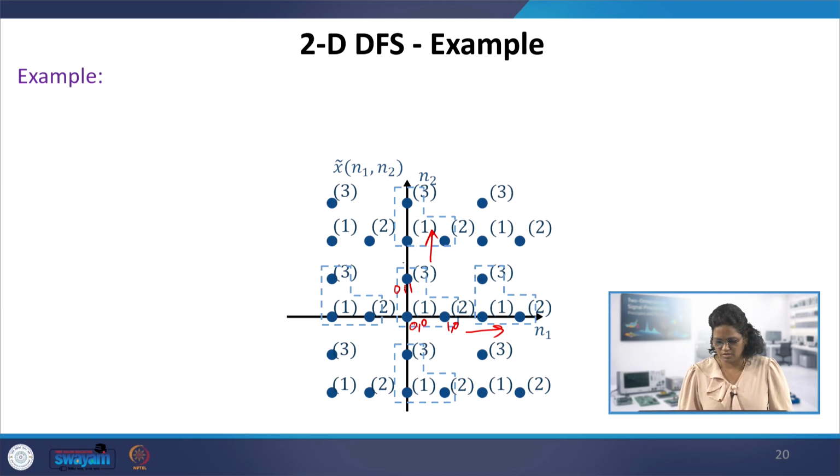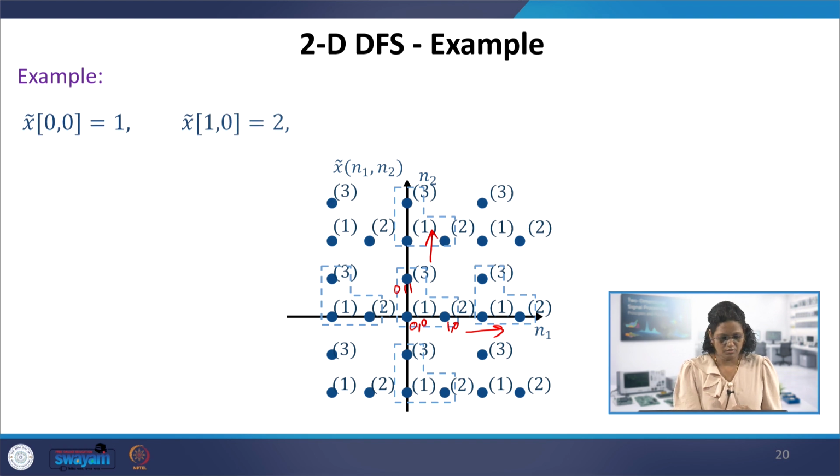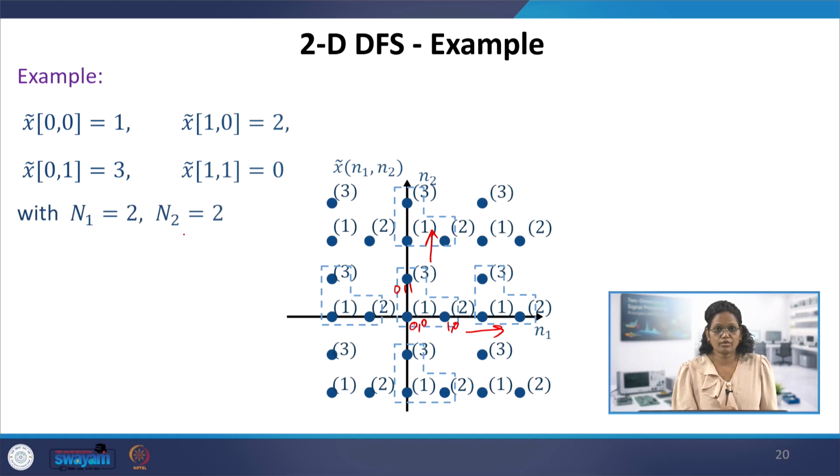So we say it is periodic both row wise and column wise, and this is extended from minus infinity to plus infinity in n2, and similarly in n1. It is shown for a certain range only, but the signal is extended. So for this case, the value at 0, 0 is 1, at 1, 0 is 2, at 0, 1 is 3, and at 1, 1 is 0. If we take n1 and n2, it is very clear that the period is 2 and 2.